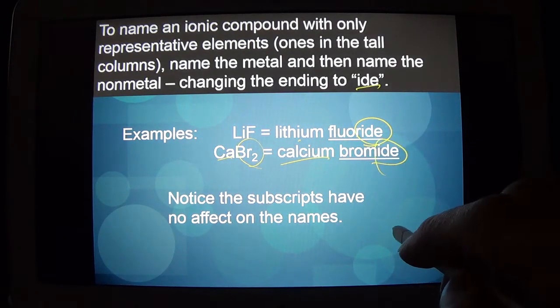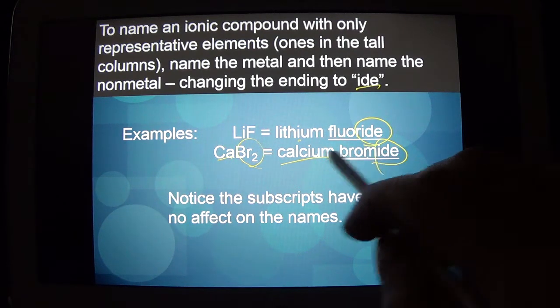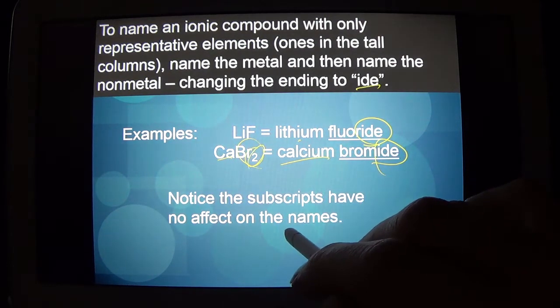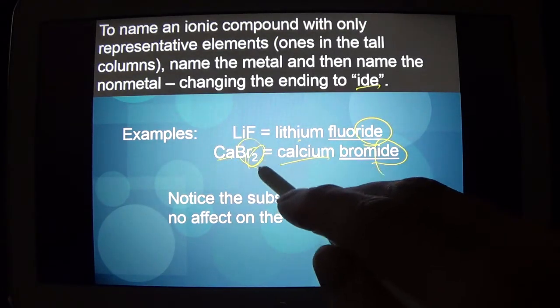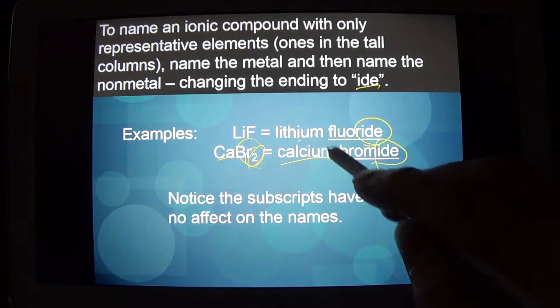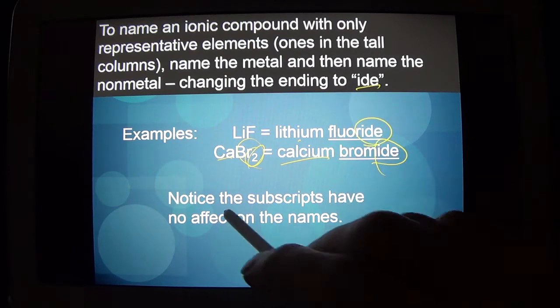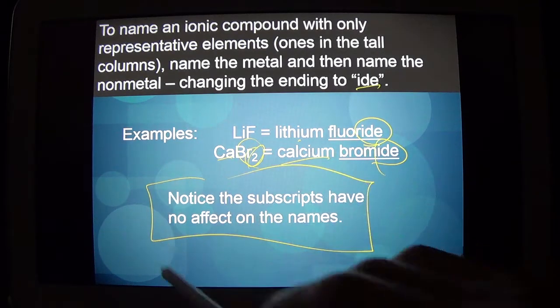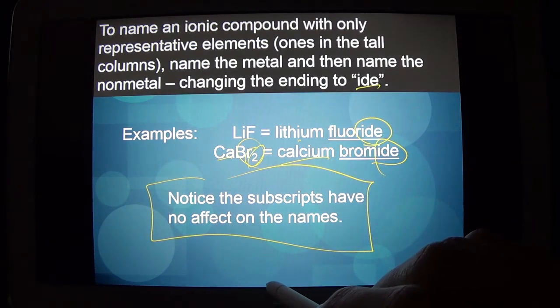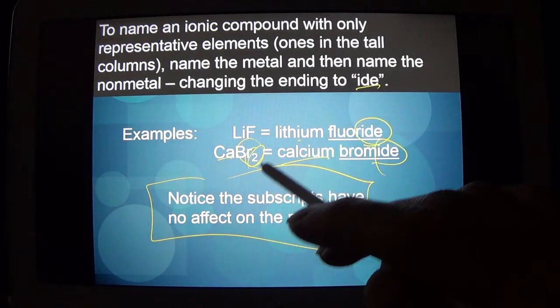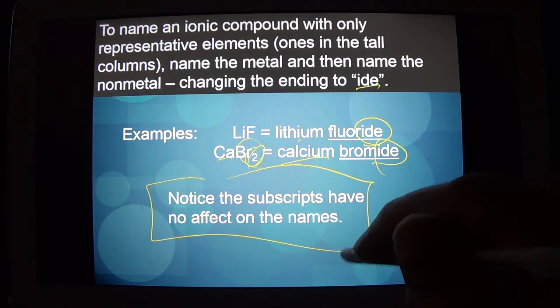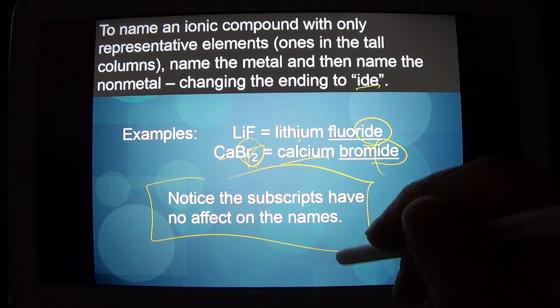Let's change that to bromide. Where in this name do I mention that I have 2 of them? Nowhere. The little numbers for ionic bonding do not make a difference in the name. So be sure you note that. So naming them is real easy. Going from the names to the formulas, that's where you write the elements, you crisscross and reduce.